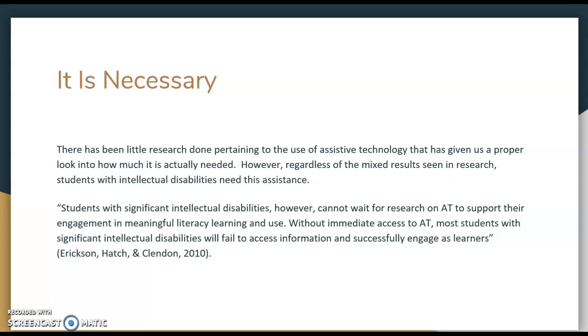I pulled this quote from an article: students with significant intellectual disabilities, however, cannot wait for research on AT to support their engagement in meaningful literacy learning and use. Without immediate access to AT, most students with significant intellectual disabilities will fail to access information and successfully engage as learners. So again, just reiterating, it is very necessary for a lot of students and can give them the chance to be successful.